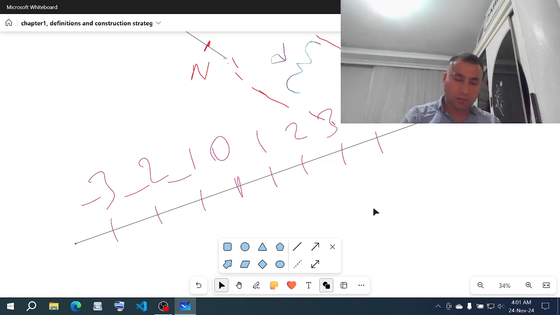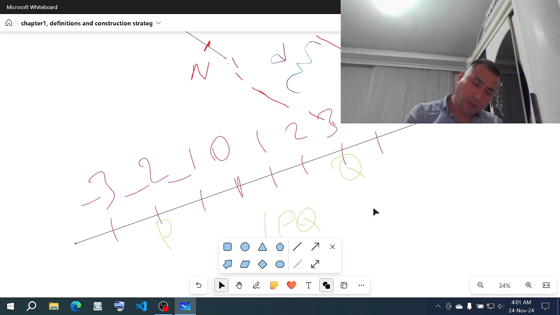And so when we are measuring a distance, let's say from P to the point Q, okay? So the distance PQ would be something like this.